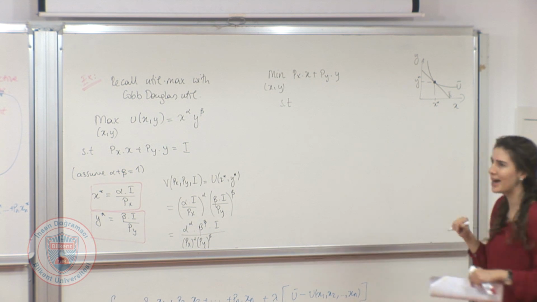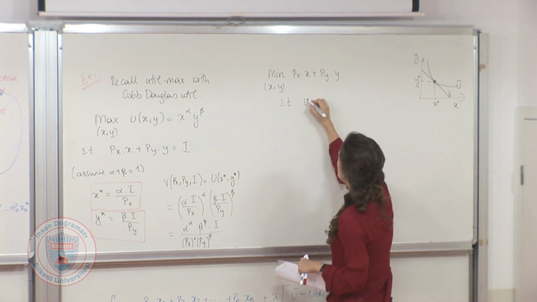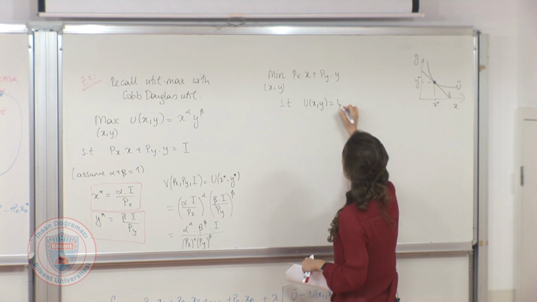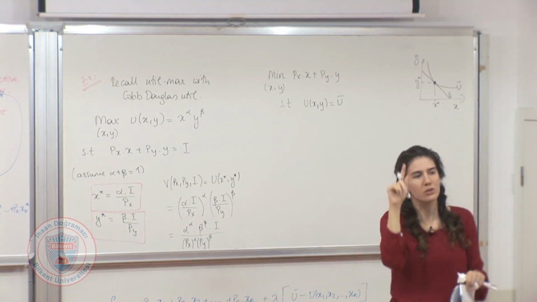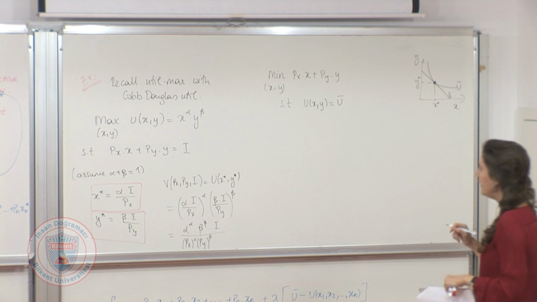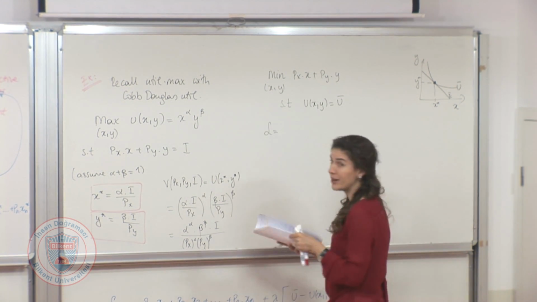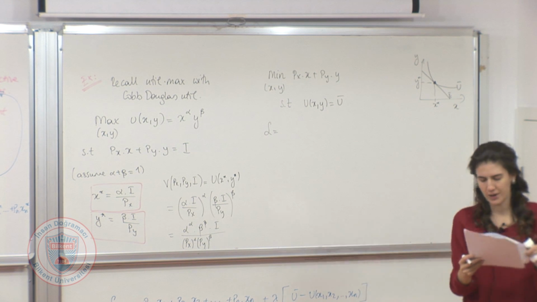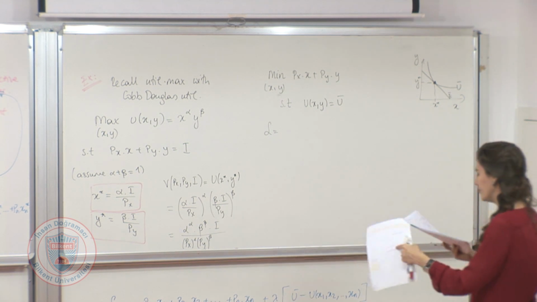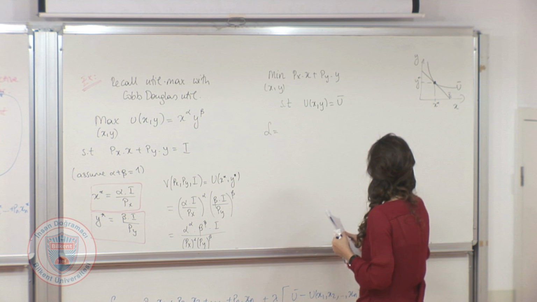My constraint, as you said, hocam, is u of x, y equals u bar, or u bar minus u of x, y equals 0, okay? Now let me write down the Lagrangian. So let me form the Lagrangian.